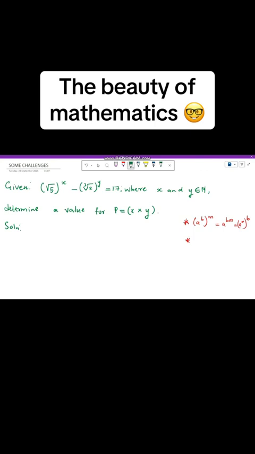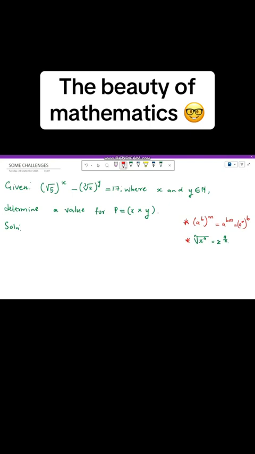Then we'll also need this property of radicals: if we have a radical with index n and the radicand which is x to the power of a, we can express this as x to the power of a all over n. So these are the two main properties from exponents and radicals which we are going to apply in our problem here.